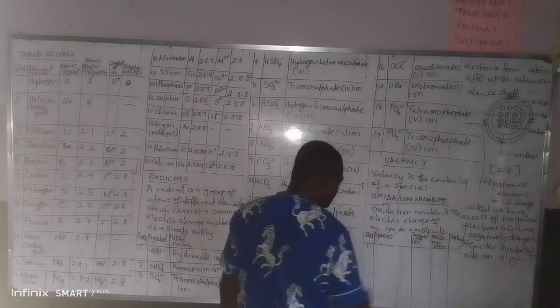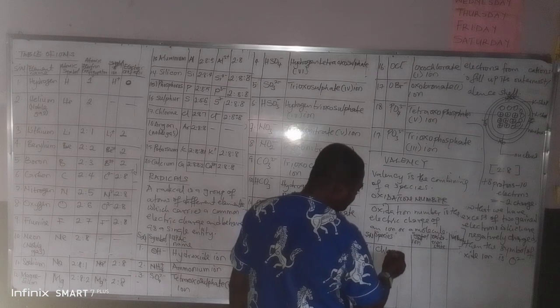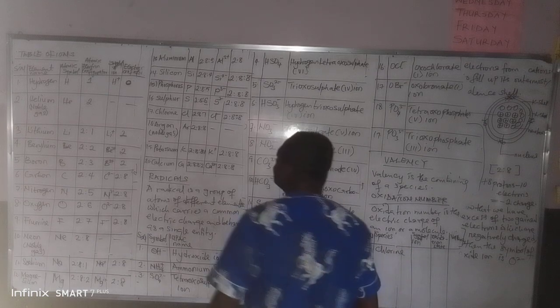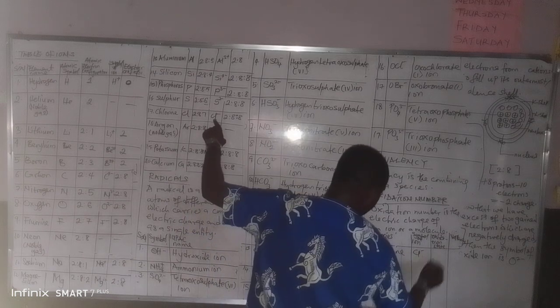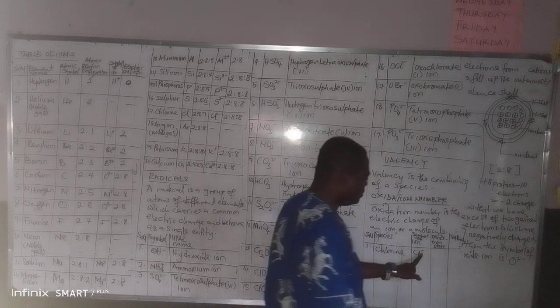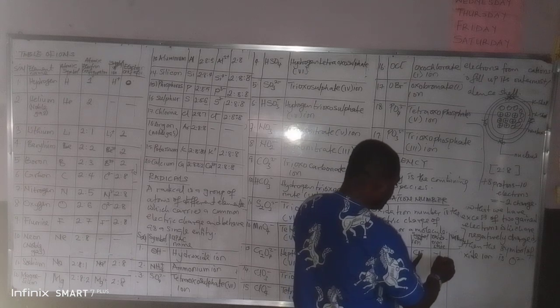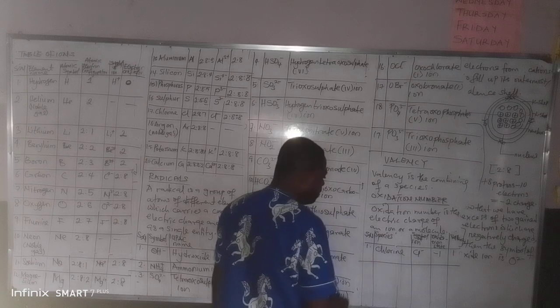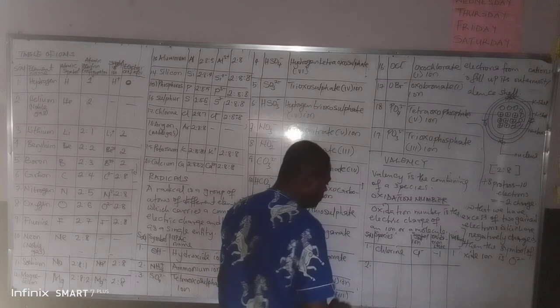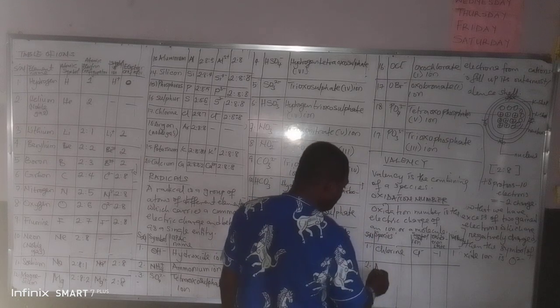If somebody talks of chlorine, what type of ion does chlorine form? Chlorine 17, that's Cl minus. Because of this minus, the oxidation number is minus 1. The valency is 1 without the charge. That's the combining power. Number 2, let me just take it randomly.